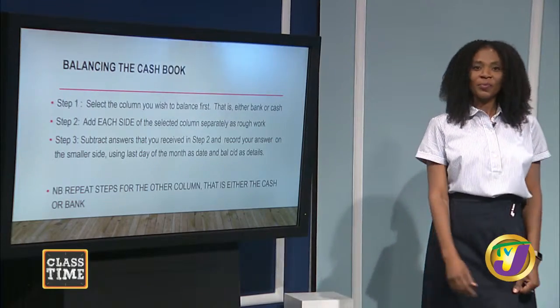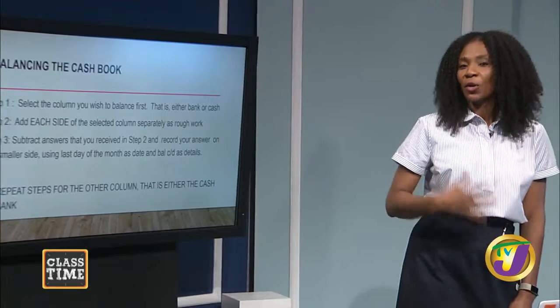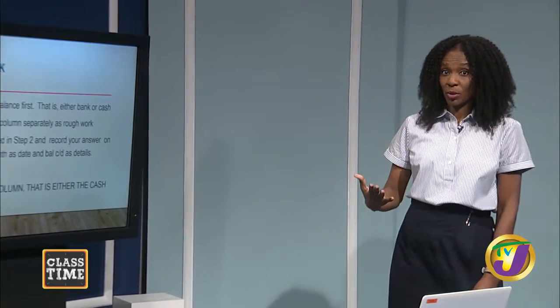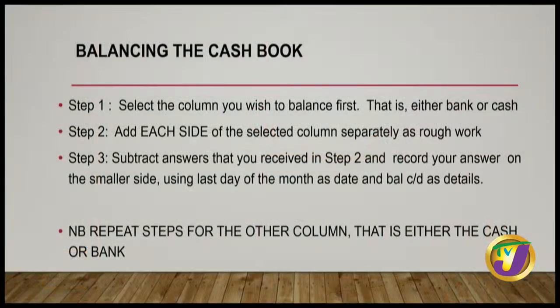Now, the next thing that we should set out to learn according to our objectives is how to balance our cash book. I want you to take a screenshot of this because we'll be going relatively fast, but at a pace enough for you to understand. In balancing the cash book, there are 3 basic steps.